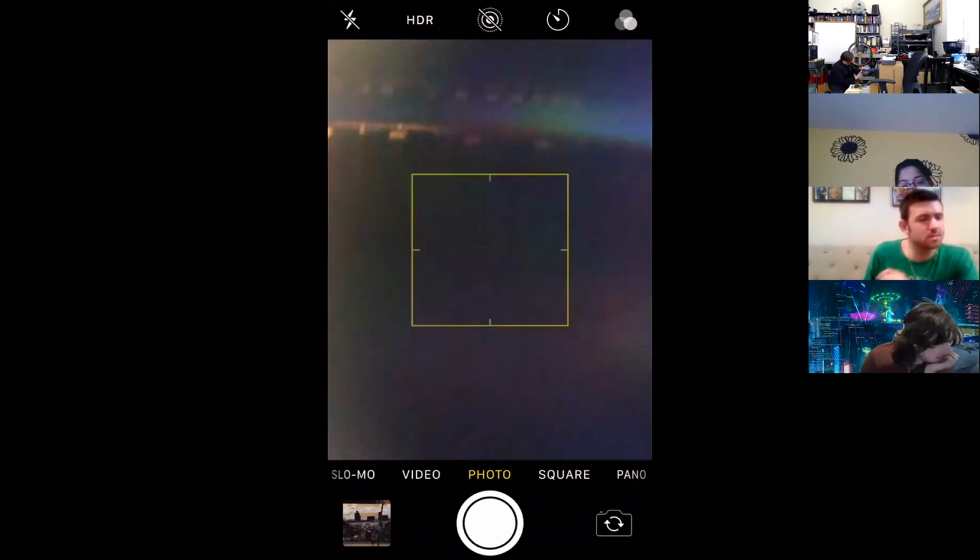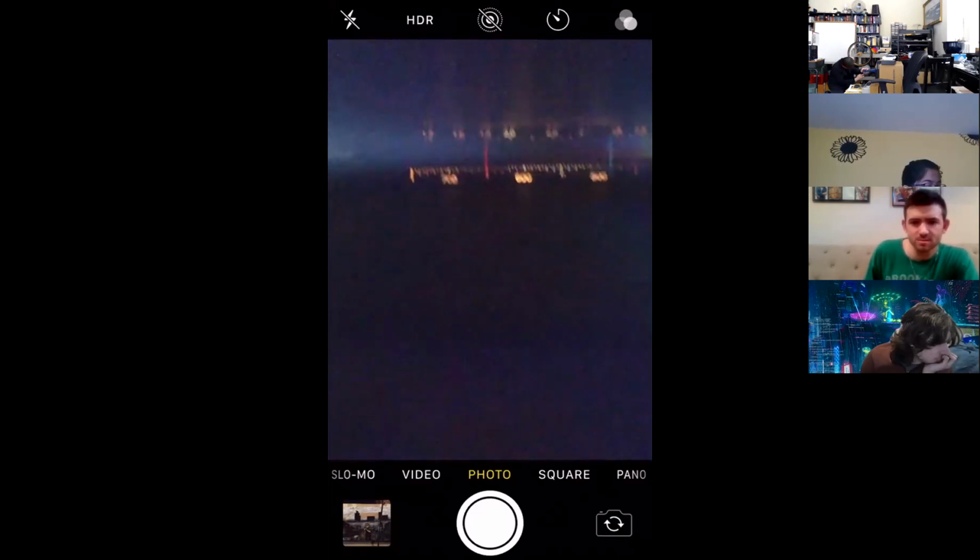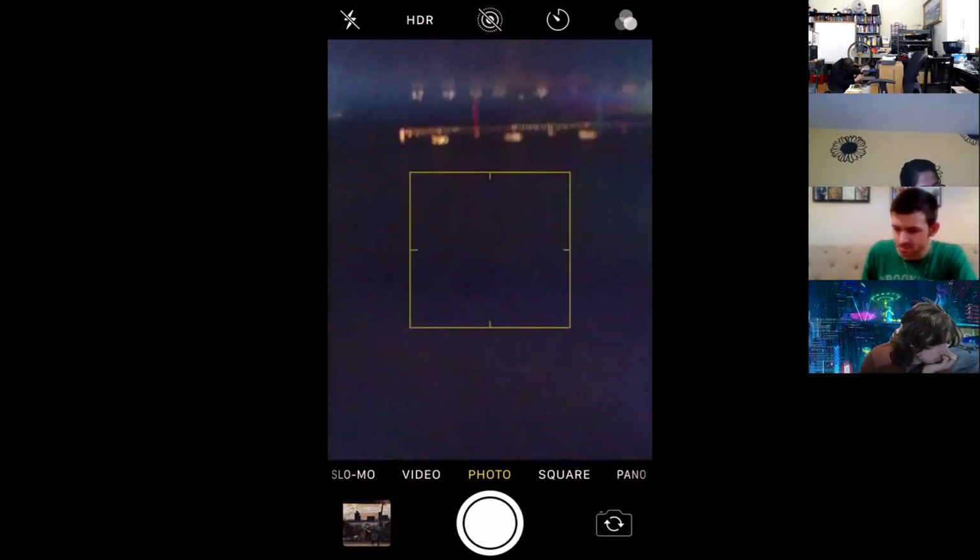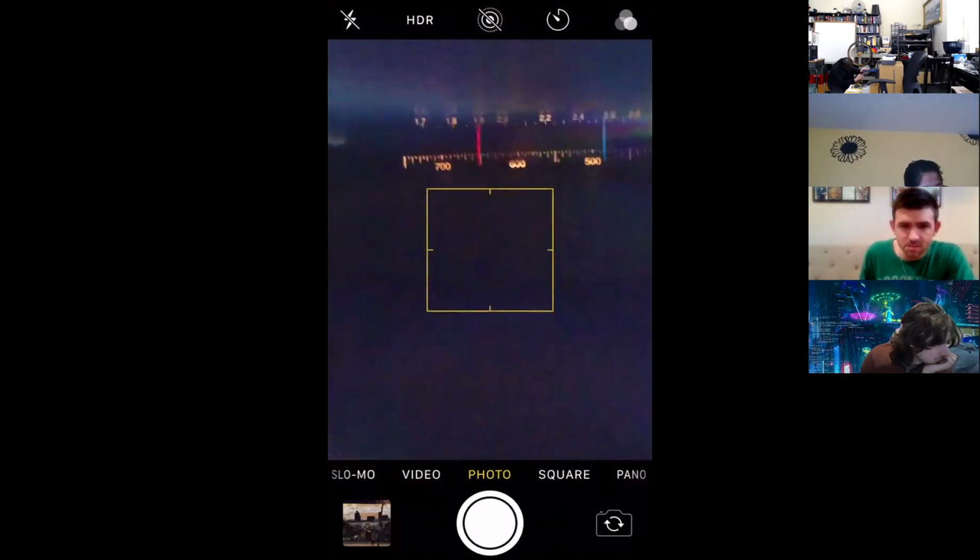I'm going to get this lamp so I can get some background light in my spectroscope. Hold on, guys. It's pretty tricky to do this.